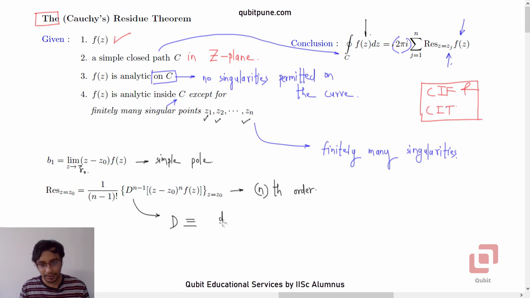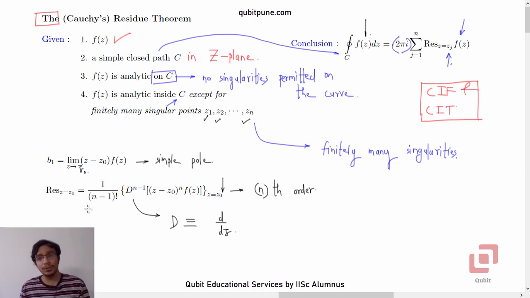Here d is the operator d by dz, the (n minus 1)th derivative of f of z multiplied by (z minus z0) to the power n. We first compute the derivative, and once we complete it, we substitute z equal to z0 to get the residue at that particular center of the Laurent series.